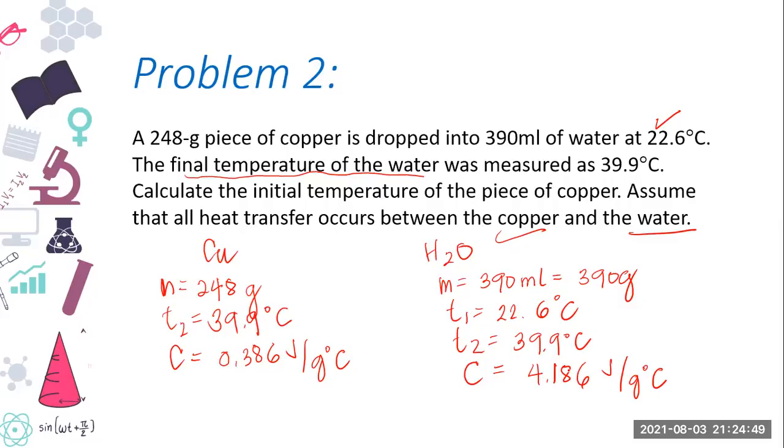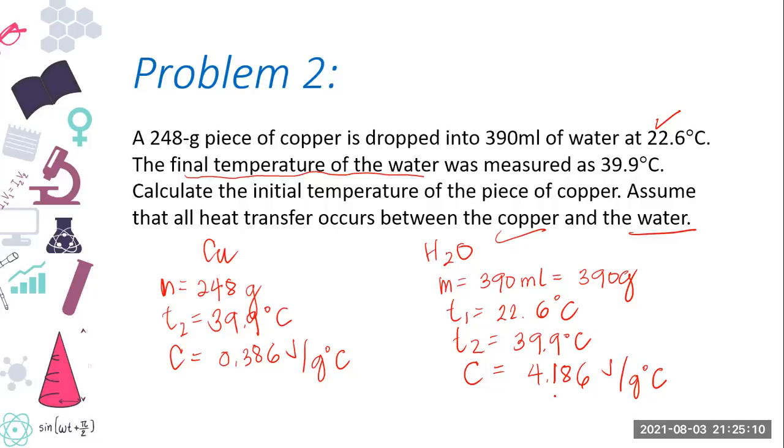I'm using the constants from that table. But for example, if what you used was the table with the C of water at 4.18, that's okay. I'm giving tolerances for the final answers.